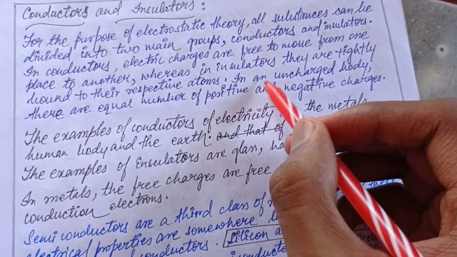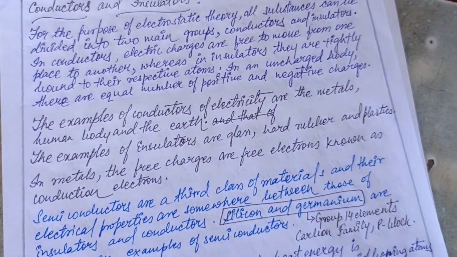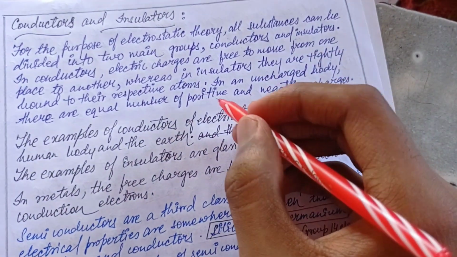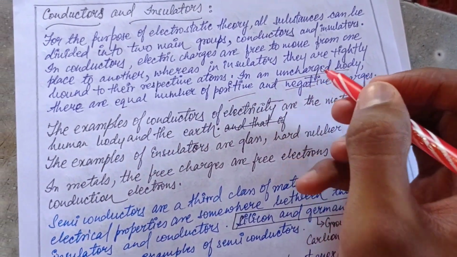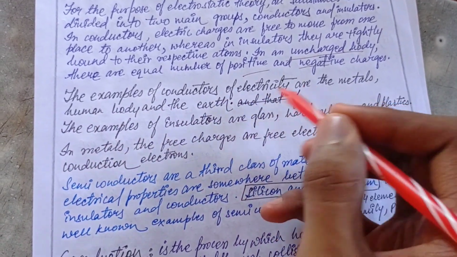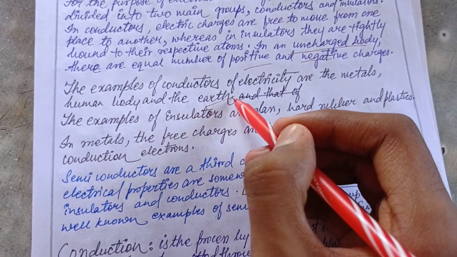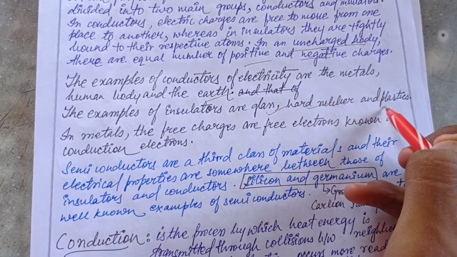Okay, in an uncharged body, there are equal number of positive and negative charges. The examples of conductors of electricity are metals, human body, the earth. The examples of insulators are glass, hard rubber, and plastics.